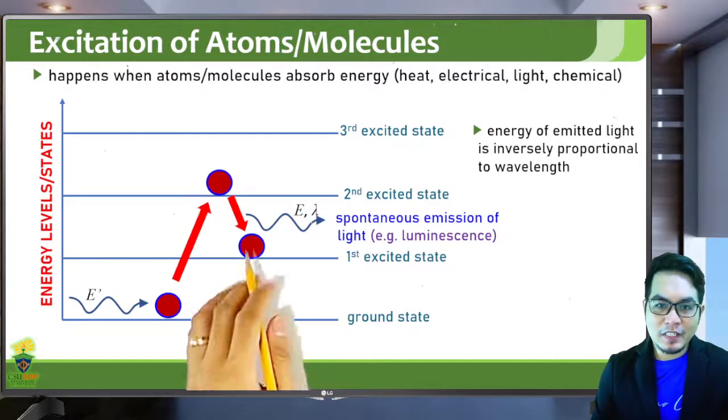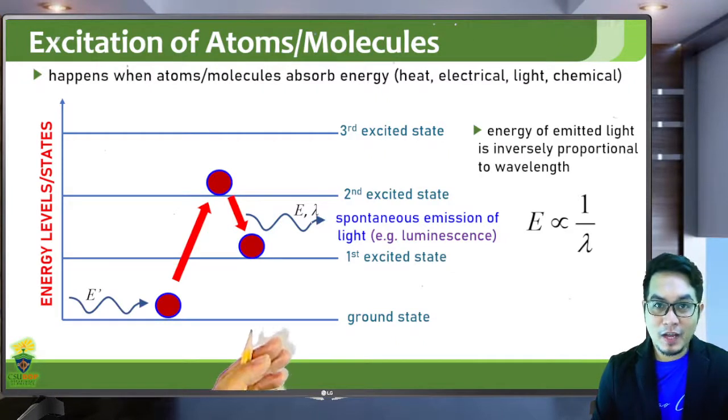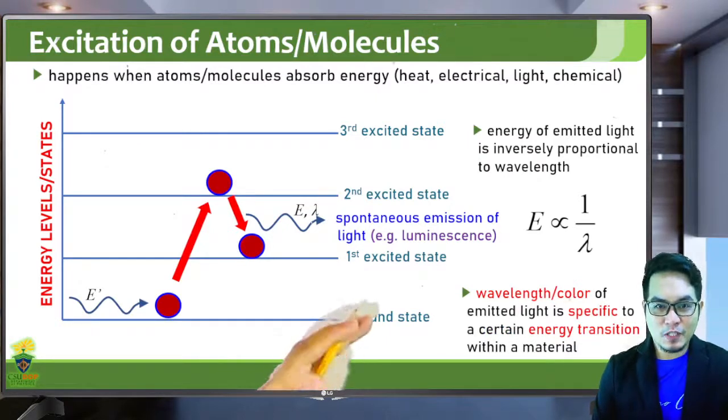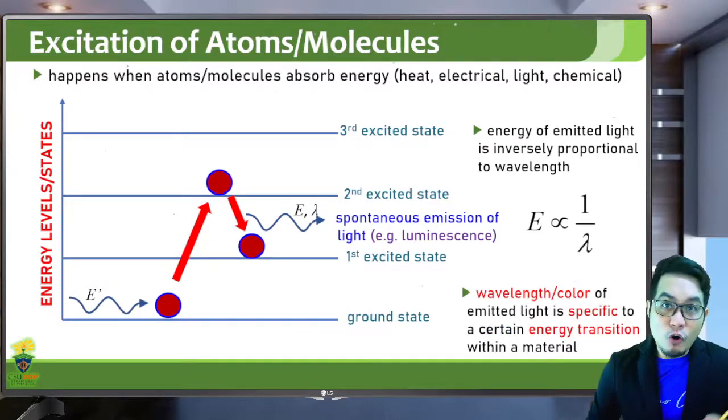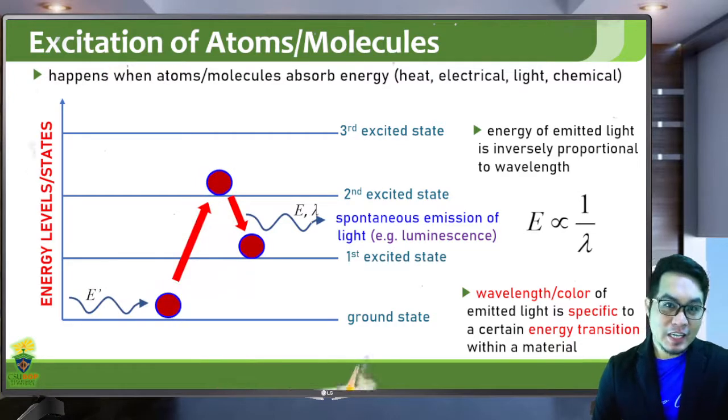So the energy of this emitted light, again, is inversely proportional to the wavelength. The higher the wavelength, the lower the energy. So UV light has higher energy as compared to red light or blue light, because UV light has smaller wavelengths. So this is the most important part. The wavelength or the color of the emitted light during this transition towards a lower energy state is specific to this certain energy level transition within a material.